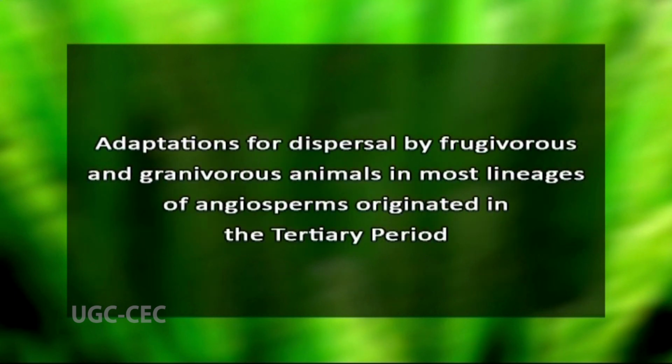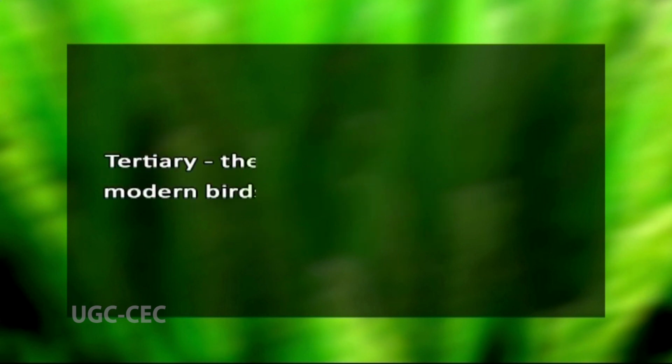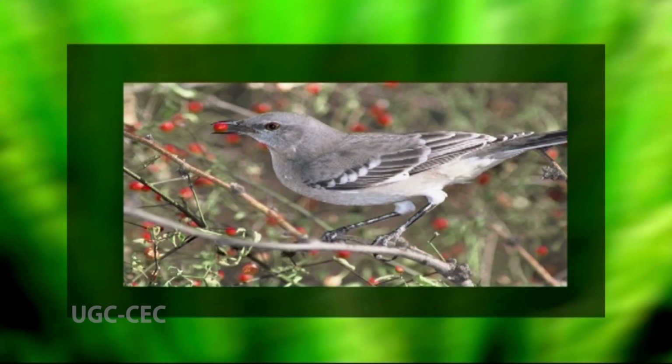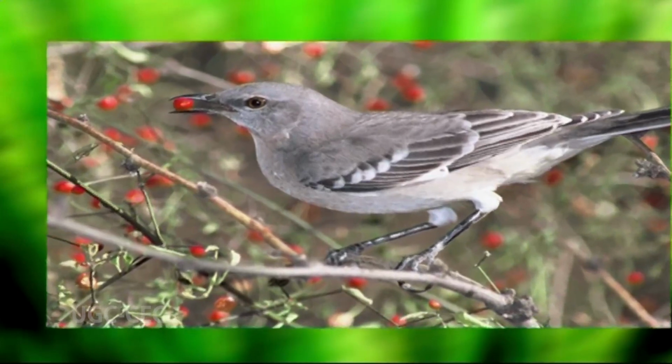Adaptations for dispersal by frugivorous or granivorous animals in most lineages of angiosperms originated in the Tertiary period. The Tertiary is the same period when the radiations of modern birds and mammals occurred. Consequently, the evolution of large, bright-colored fruits and seeds in the majority of angiosperms was linked to the evolution of these animal groups which helped in their fruit dispersal.